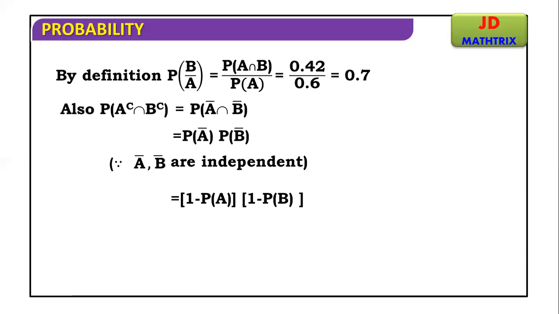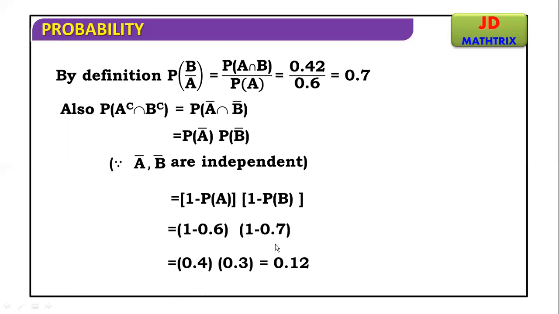Already the theorem has been proved in the concept section. Then 1 minus P of A, that is 0.6, into 1 minus P of B, that is 0.7. So this is 0.4 into 0.3, that is equal to 0.12. So that is the P of A bar intersection B bar.